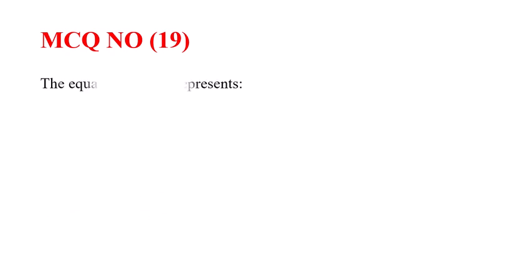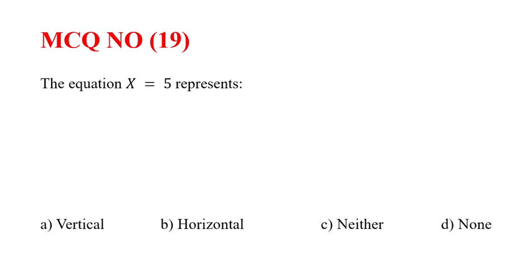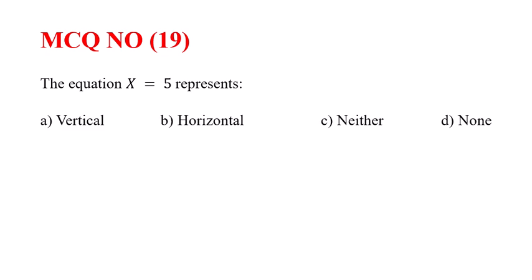MCQ number 19. The equation x is equal to 5 represents: option A is vertical, option B is horizontal, option C is neither, and option D is none.